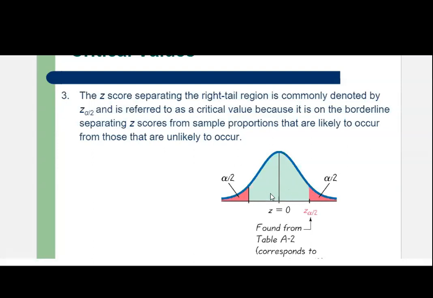Majority of our data are here, right? 95 or 99% of them present here. So those fall in the middle. Those errors fall outside. H0 falls outside. So the question is, how many standard deviations from the center would give us that borderline? That borderline and how far it is from the center is called the critical value.